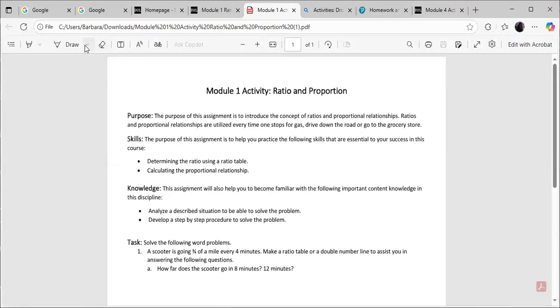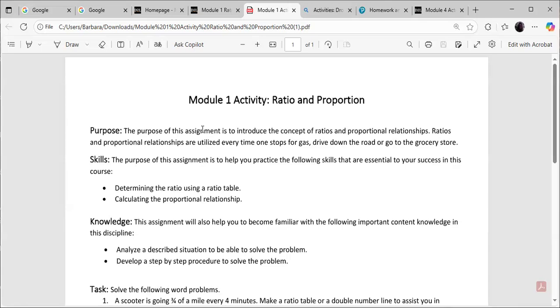So in the first activity, the purpose of this assignment is to introduce the concept of ratios and proportional relationships. Ratios and proportional relationships are utilized every time one stops for gas, or drives down the road or goes to the grocery store.